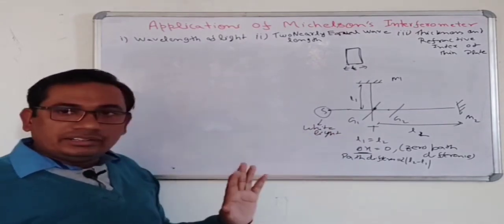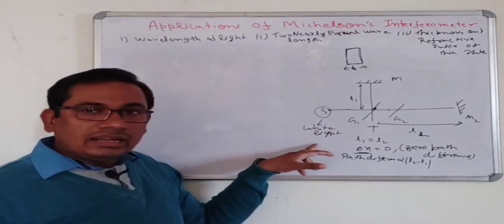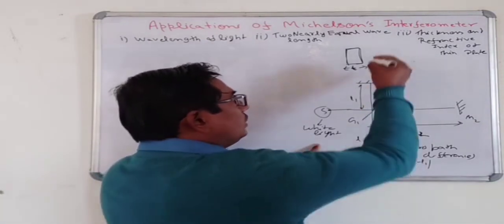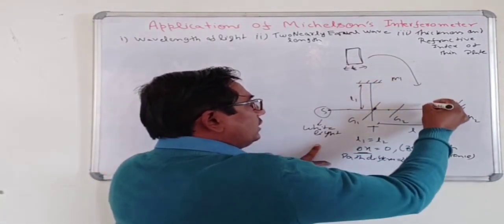Now at that condition, when you use white light, you put the plate of known thickness here.